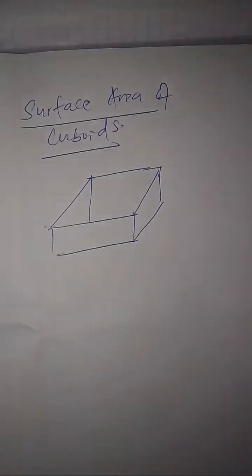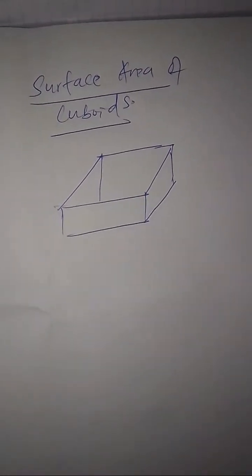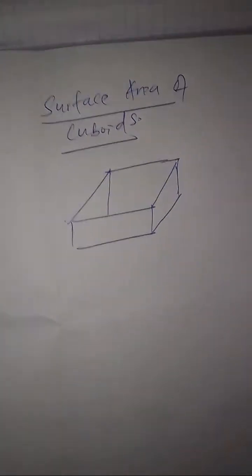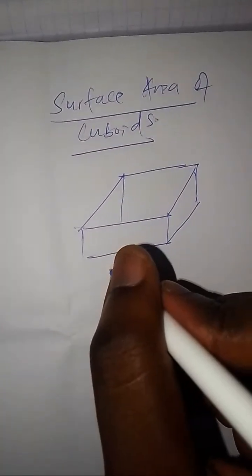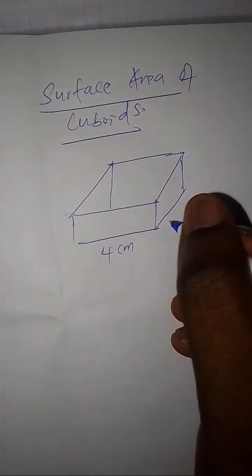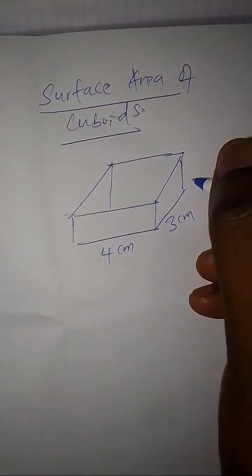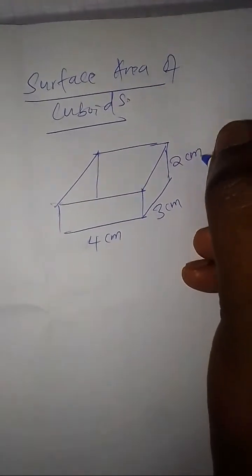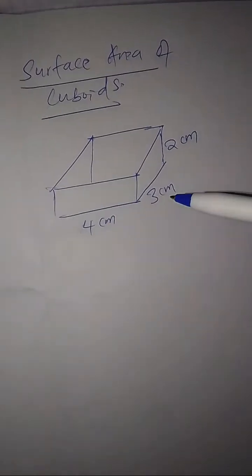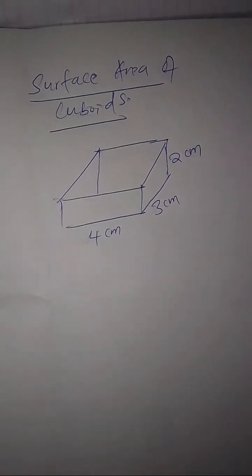Okay, so that is a cuboid. Now, here are the measurements for this cuboid. One measurement is 4 centimeters, the other is 3 centimeters, and the other is 2 centimeters.